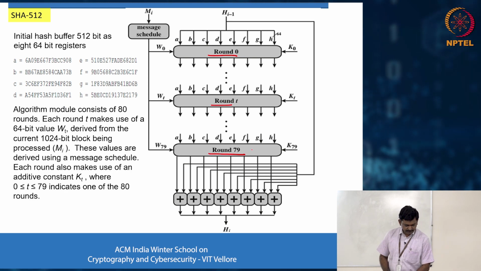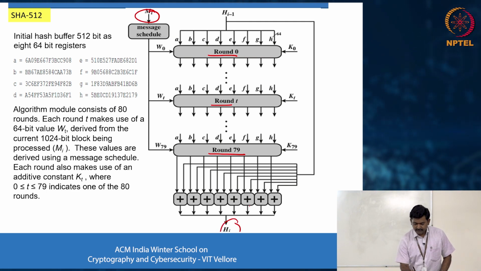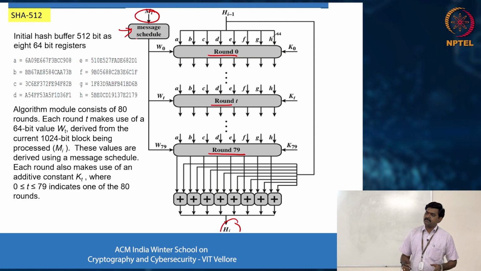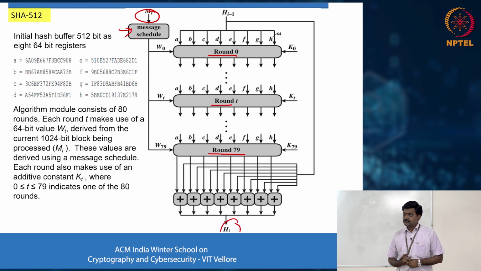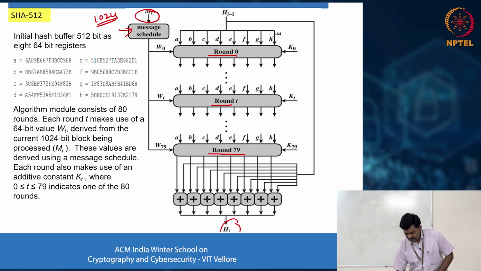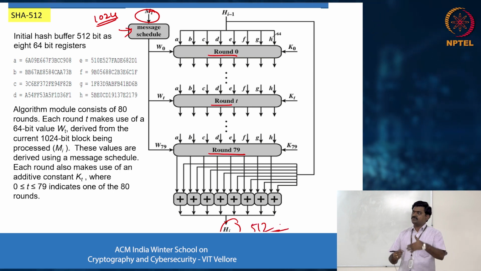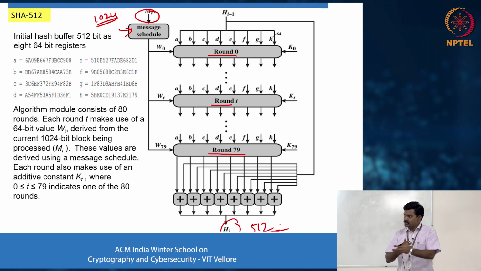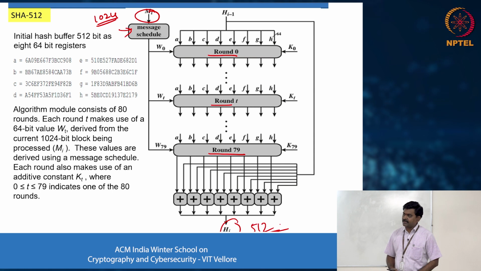And obviously the message digest is created at the end, but for the message schedule, you take the message of size 1024-bit, and you are operating for how many rounds? 80 rounds. So your message is 1024-bit, your cipher that is produced is 512-bit. So how is your 1024-bit message going through 80 rounds of operations? That is all about the message scheduling algorithm.